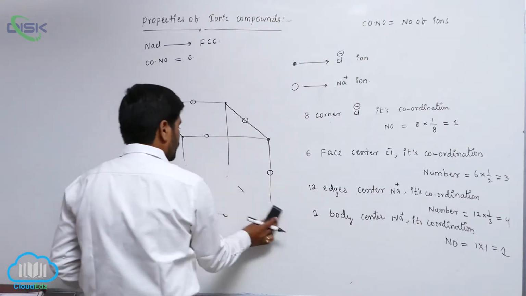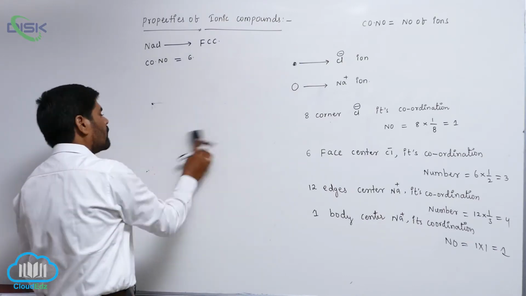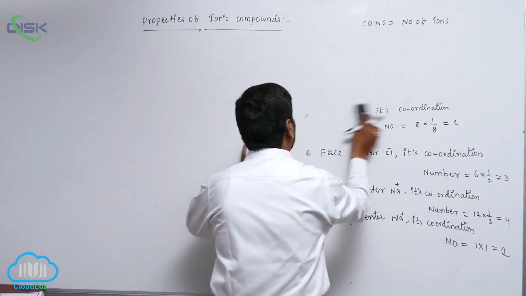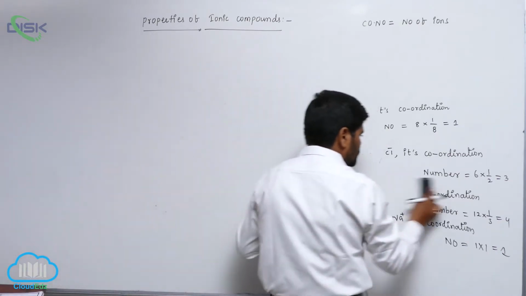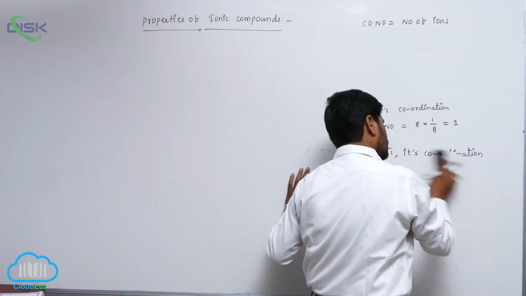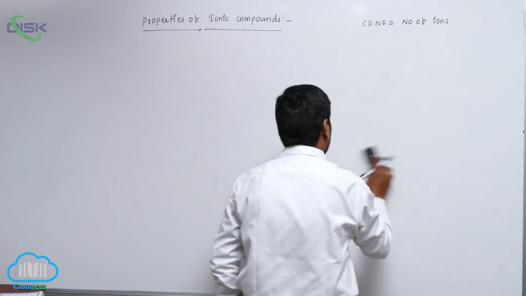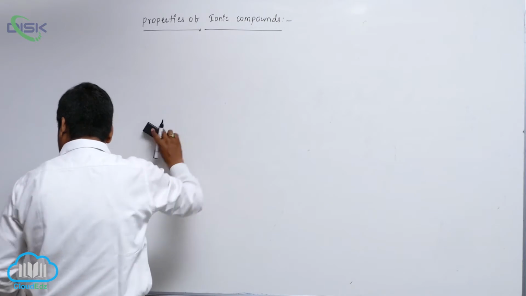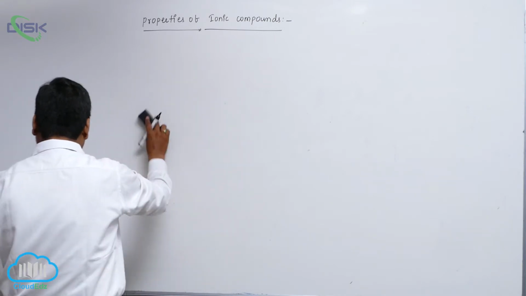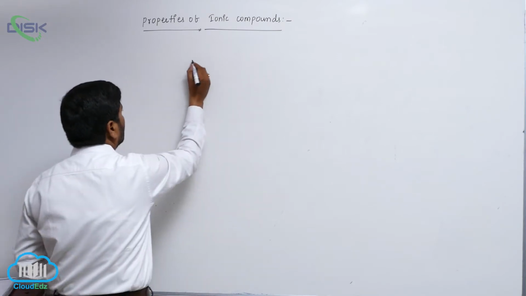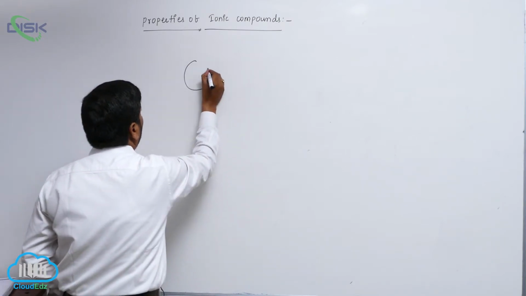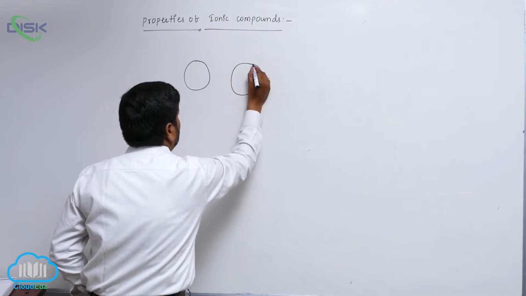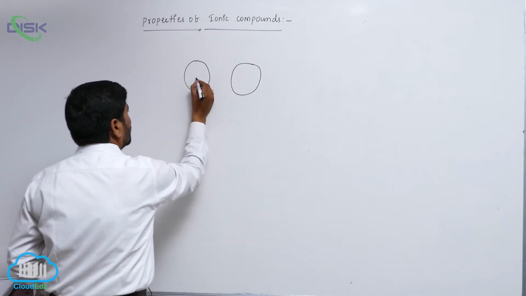Now the radius. This is a chloride ion. It is also a chloride ion. This is the center point.